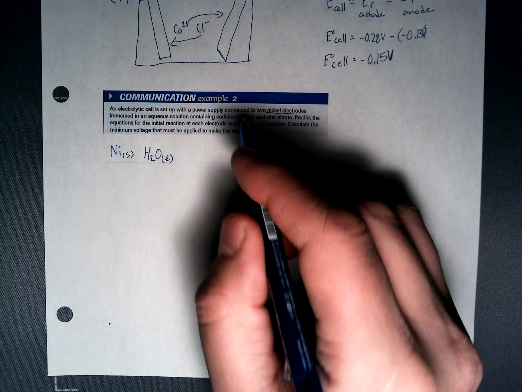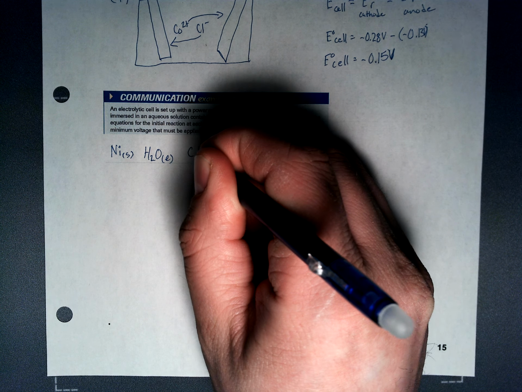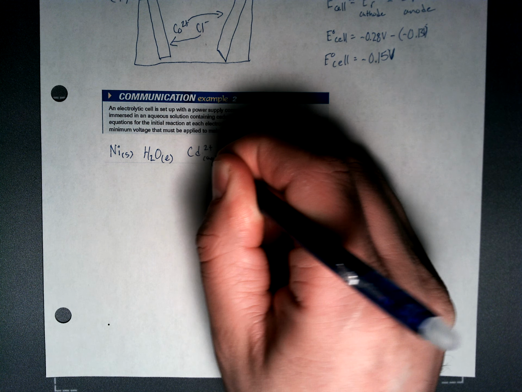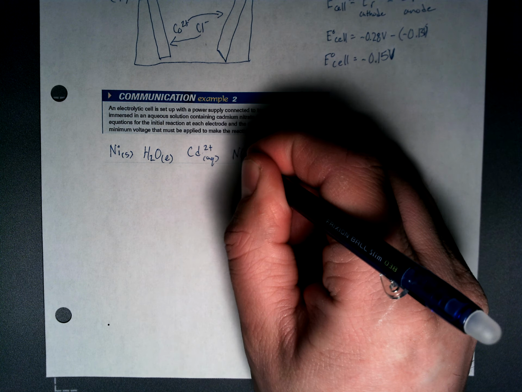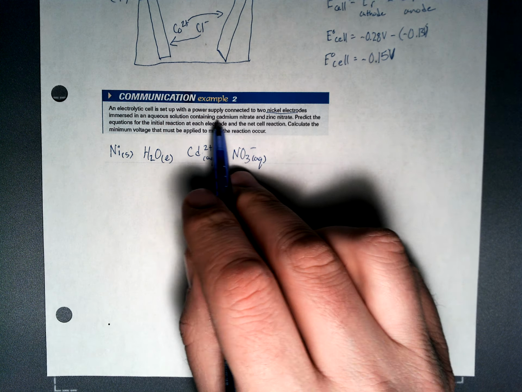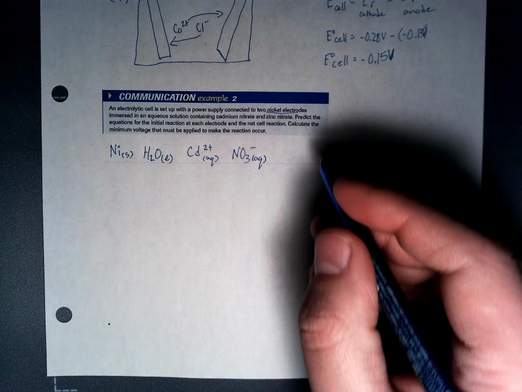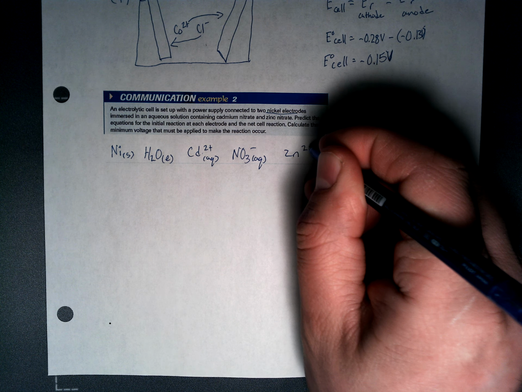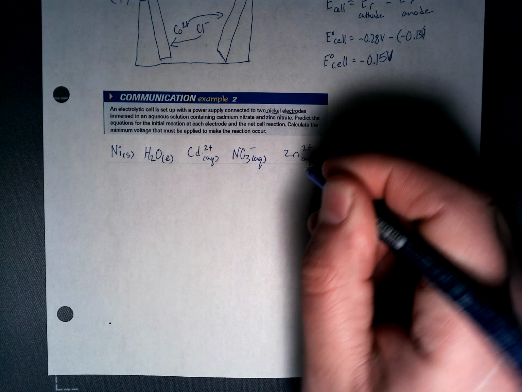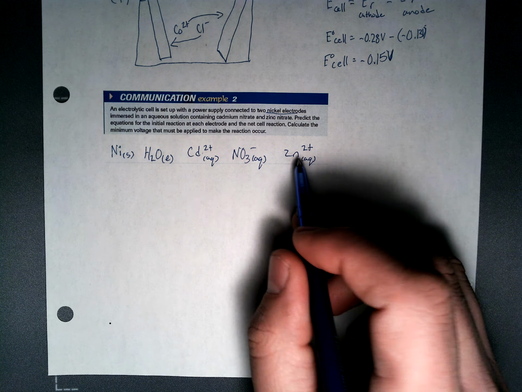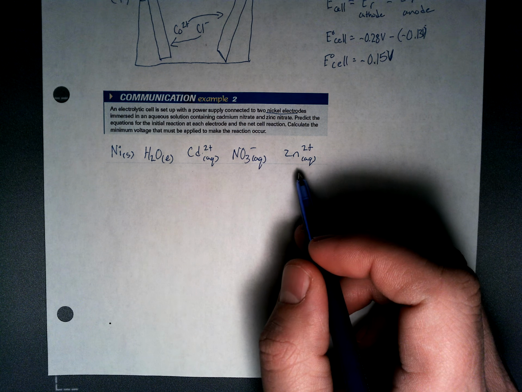Cadmium nitrate: cadmium Cd2 plus, nitrate NO3 minus. It doesn't say anything about being acidic, so we don't have to add the H plus. We have zinc nitrate, so zinc is 2 plus, and we already have the nitrate. We don't need to write it again. So these are all our entities that we have in this solution.